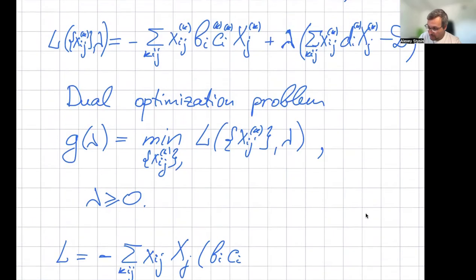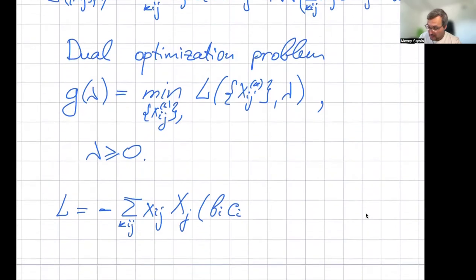bi ci, and here we are going to group these things together and note the sign. Here we had the minus, here we had the plus. So this is going to give us the minus lambda di.